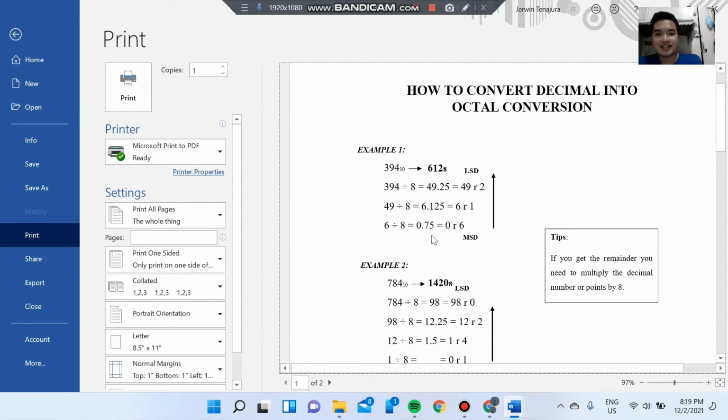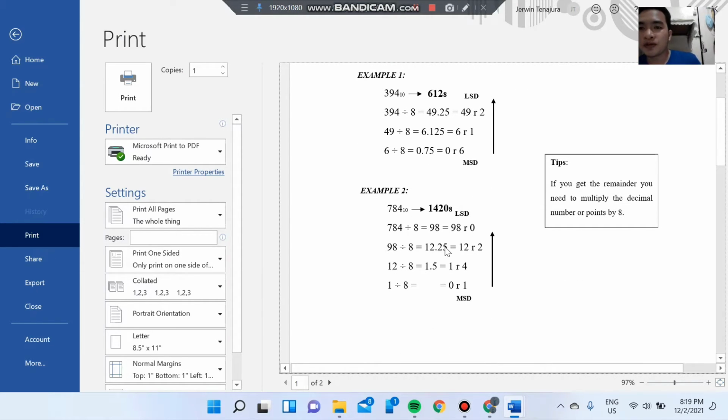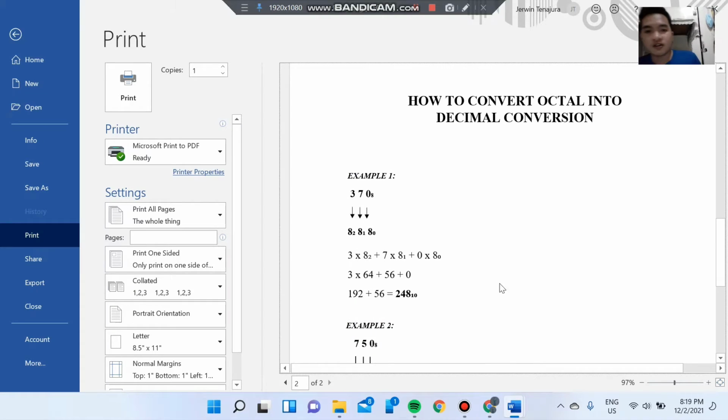And the second tutorial is how we convert octal into a decimal conversion. So, here are my examples. 370 base 8, because 8 is an octal number.